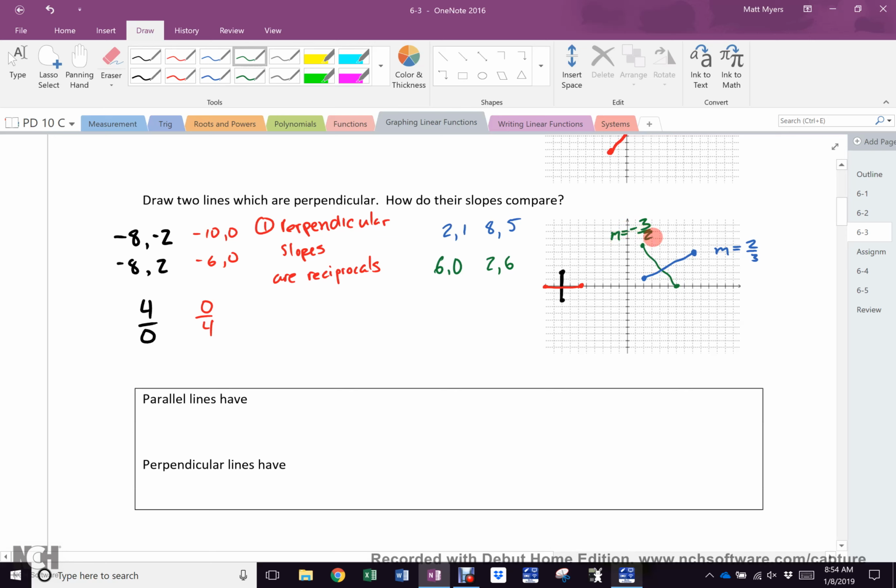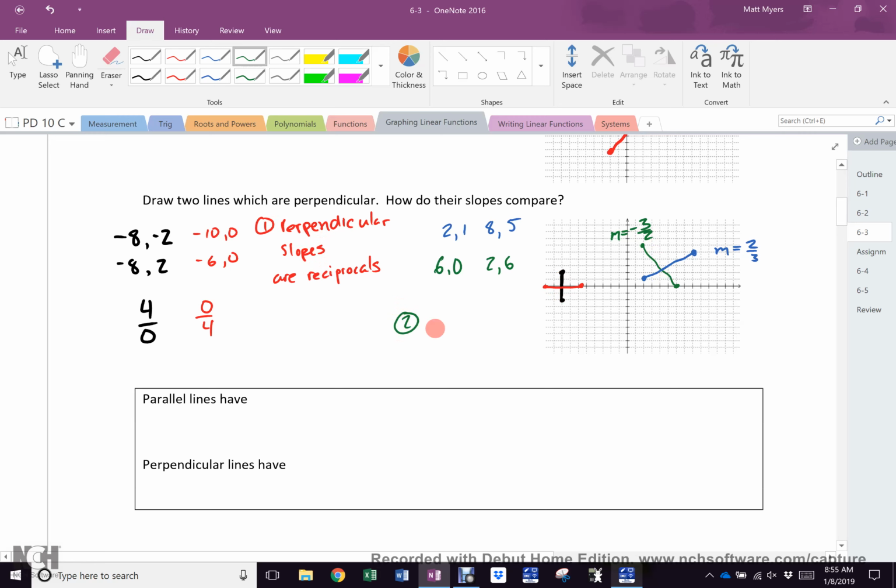Now, are those reciprocals? They are reciprocals. We have reciprocated the fraction, haven't we? So have we satisfied perpendicularity? Yes. But notice that once we are away from vertical and horizontal, to be perpendicular, they have to lean opposite ways, don't they? So that's the other half of perpendicularity.